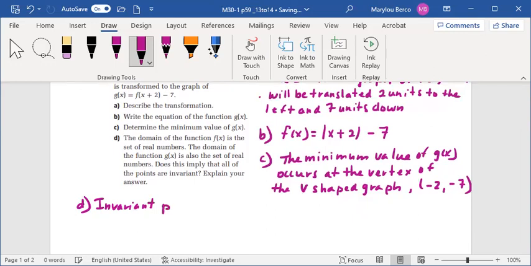Invariant points are points that are not affected by a transformation.